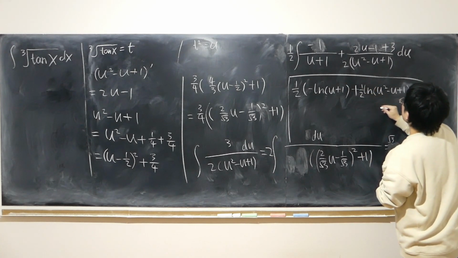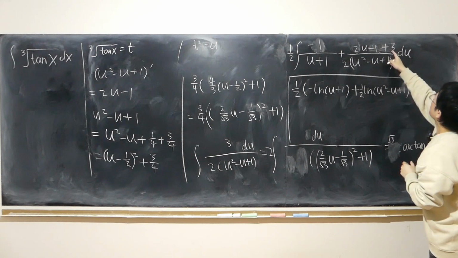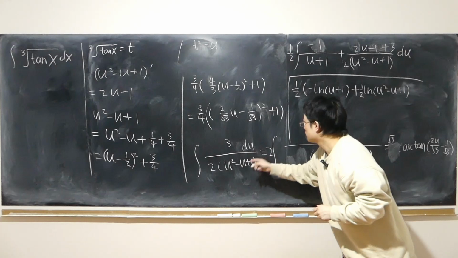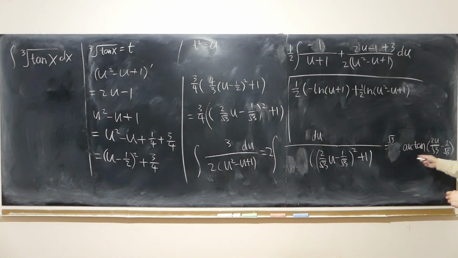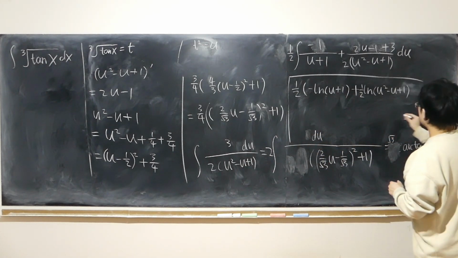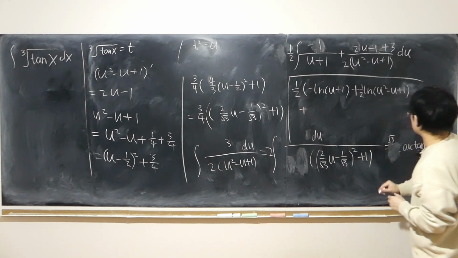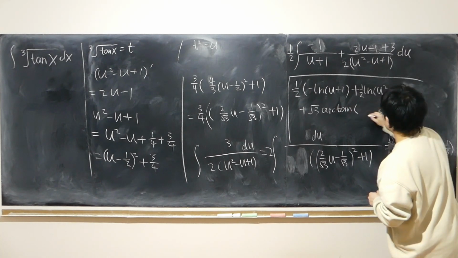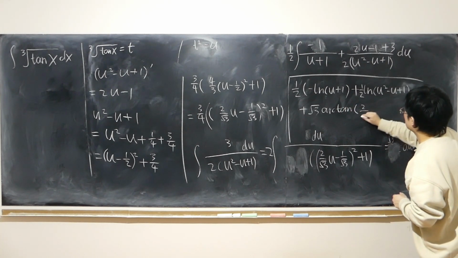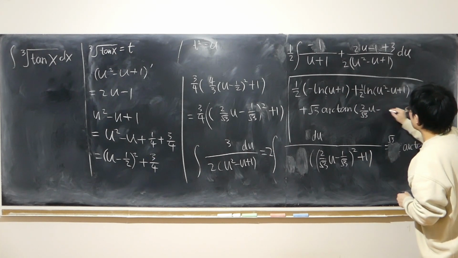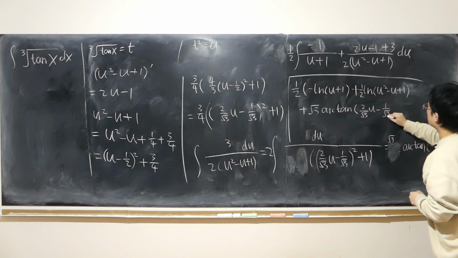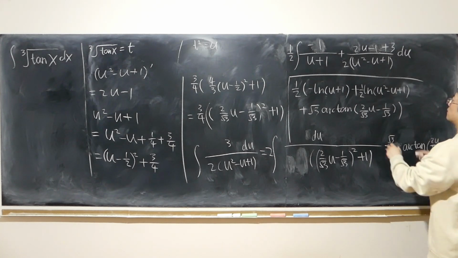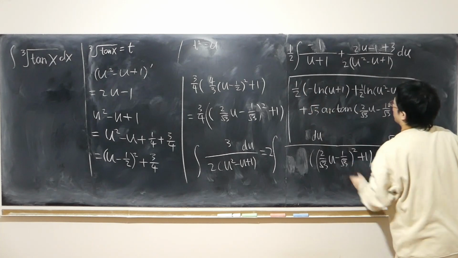Don't forget that. And this bit is easily just this: plus square root of 3 times arctangent of 2 over square root of 3 times u minus 1 over square root of 3, all multiplied by half.